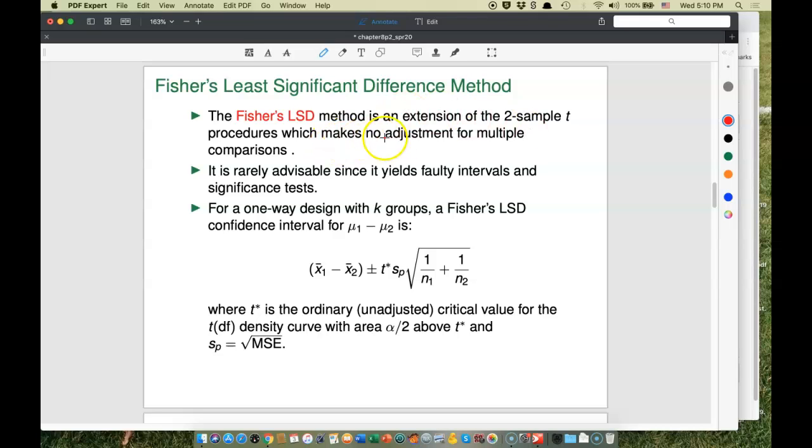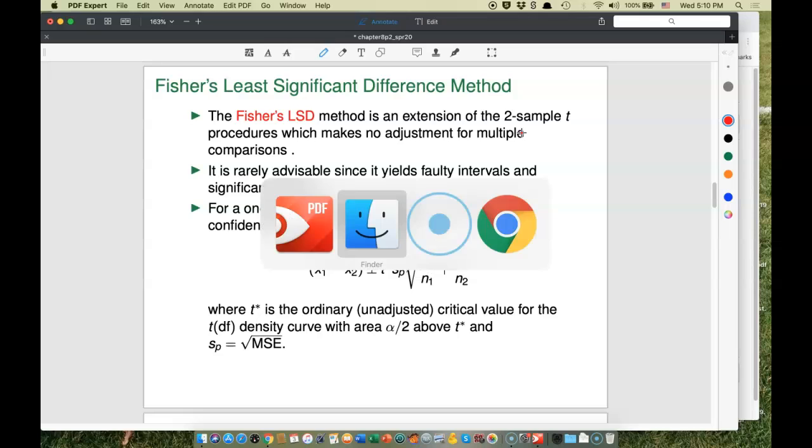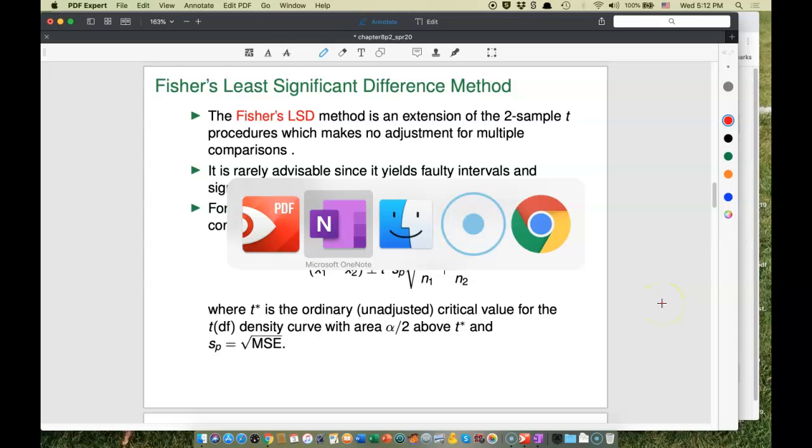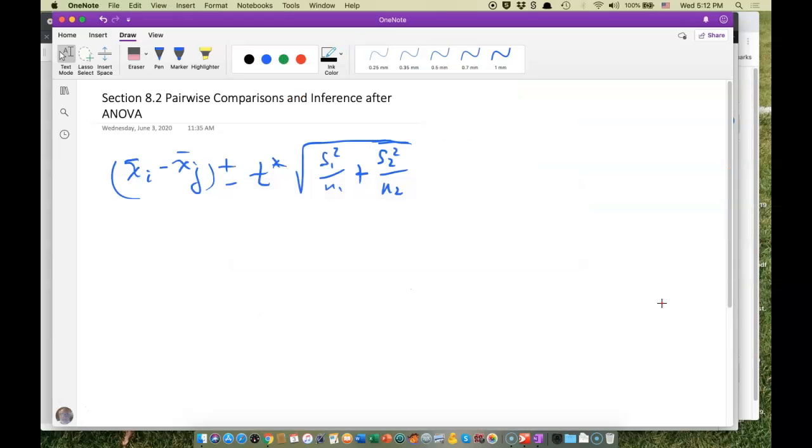The Fisher's LSD method is really just an extension of the two-sample t procedures. So remember, for the two-sample t, okay, let's compare this with what we've done so far. On the two-sample means, when we're comparing mu1 minus mu2, we use something like this interval.